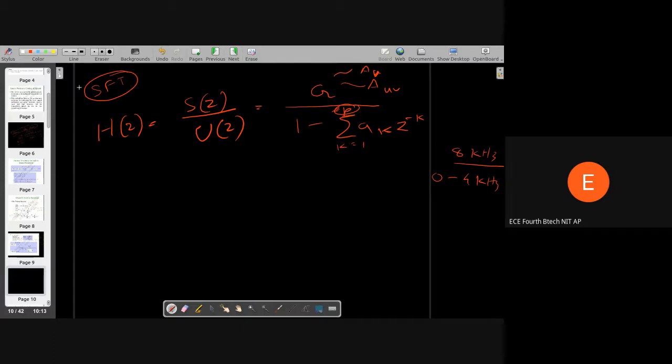So now we have this equation. Now, if we see what this equation means, S(z) minus the summation of a_k z to the minus k S(z) equals G U(z).